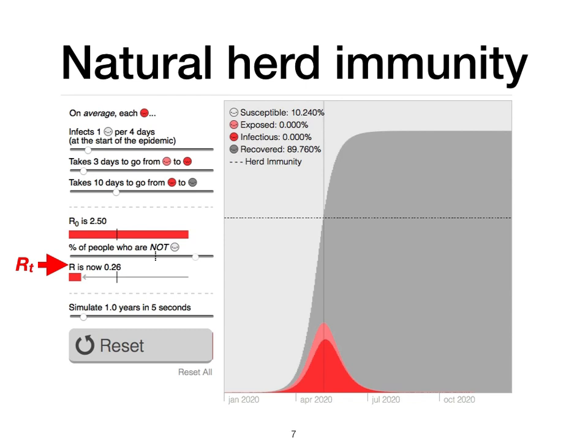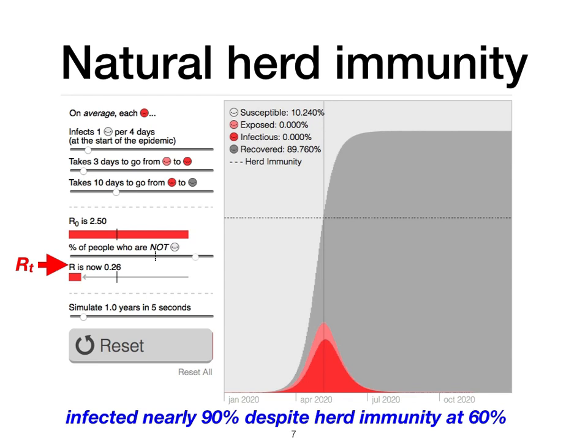But note that the number who get infected still keeps increasing, even though it's at a rapidly falling rate. And at the end of the simulation, the big takeaway here is that nearly 90% of the population had been infected. So the herd immunity level at 60% doesn't really save you. You still end up with a very large fraction of the population infected.